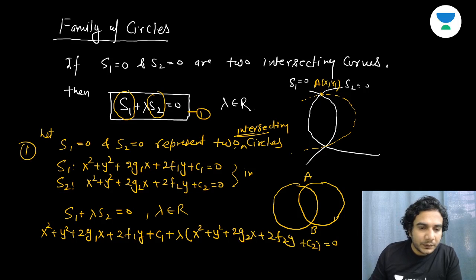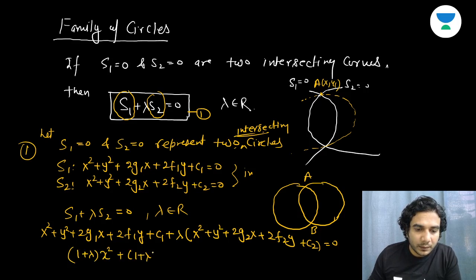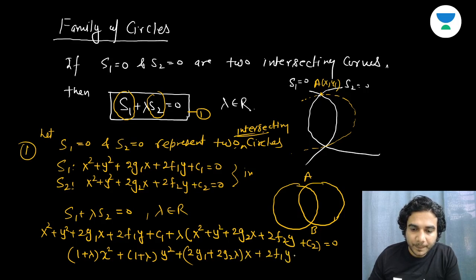So now you can see it is (1 plus lambda) into x square plus (1 plus lambda) into y square plus (2g1 plus 2g2 lambda) into x. Similarly, plus (2f1 plus 2f2 lambda) y. Let me take y common.